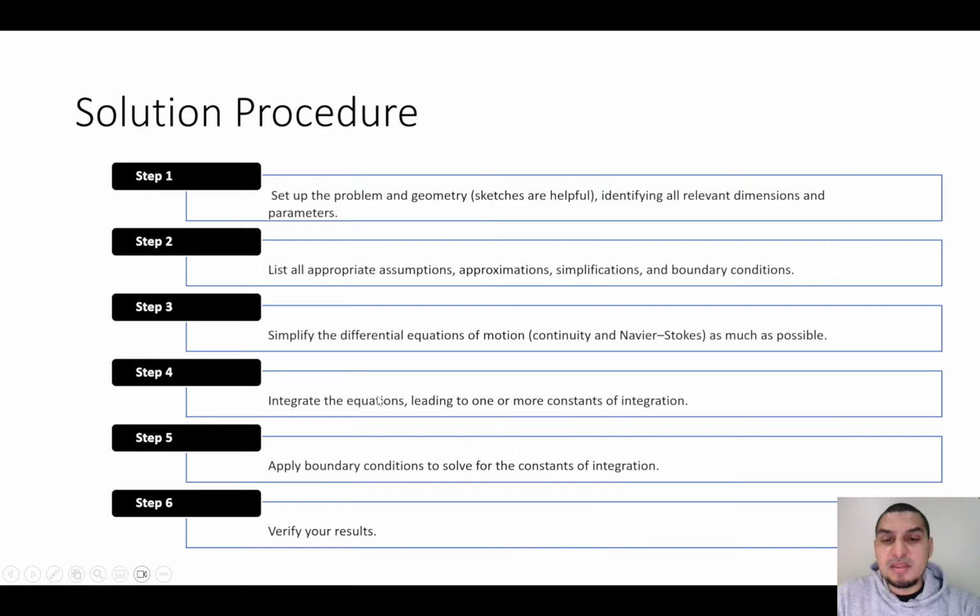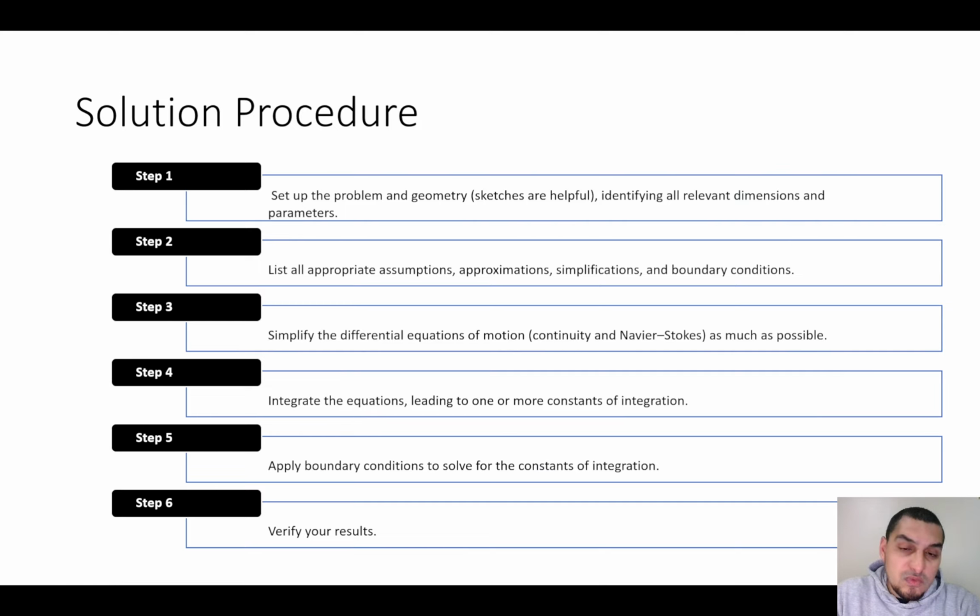We're going to integrate and then apply boundary conditions to get the constants of integration, and then we will get the results that we need, whether it's the pressure profile, the velocity profile, the shear stress, whatever the requirements that we need to achieve, and finally to verify the results. So this is the procedure we're going to follow.